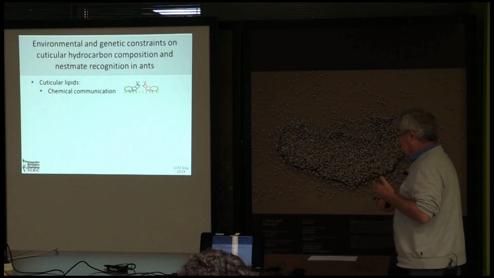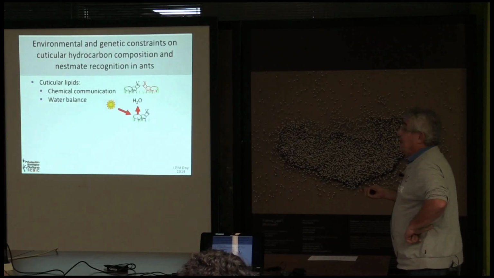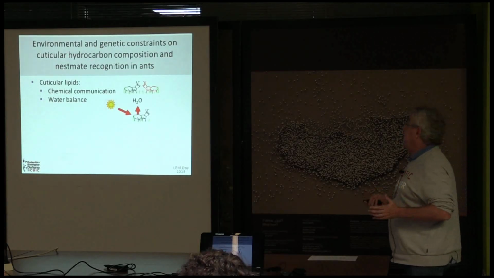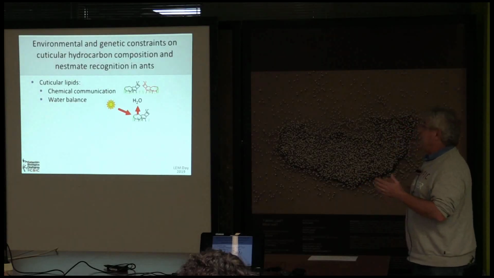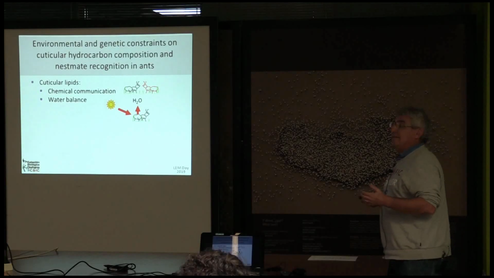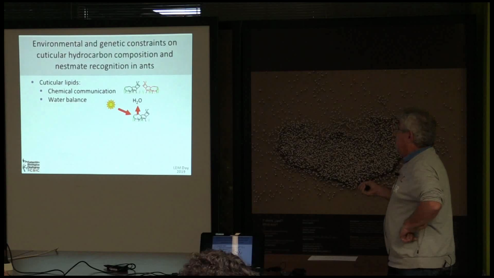But in the origin of these cuticular lipids, it was a waterproofing system. These lipids are to prevent desiccation, and the main role is also for water balance.